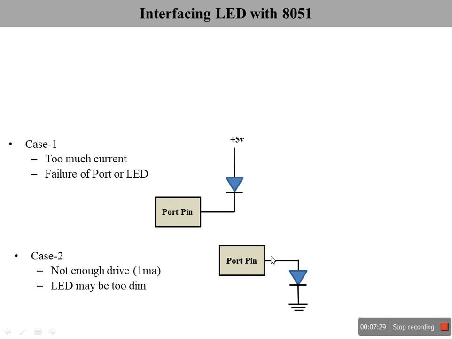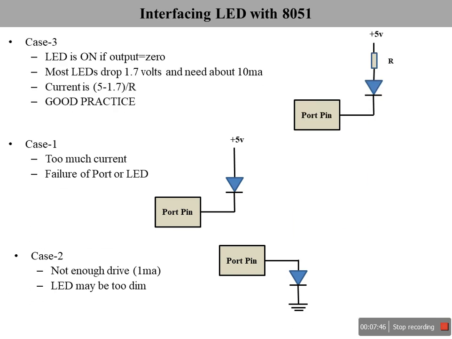So the current given by a port pin may not be sufficient to drive the LED, or to make it brighter. The LED may be too dim. So this case is also not advisable for interfacing an LED.